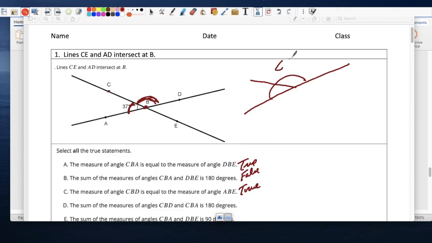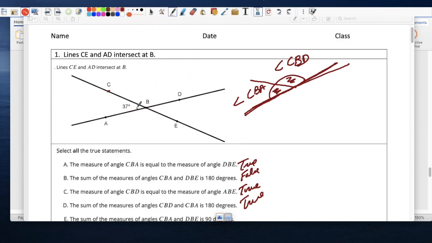This being angle CBD, and this angle being CBA. So if I add up these two angles, would they equal 180? Yeah, it's a straight line, right? So in a straight line, the angle that's formed is 180. So that's definitely true.